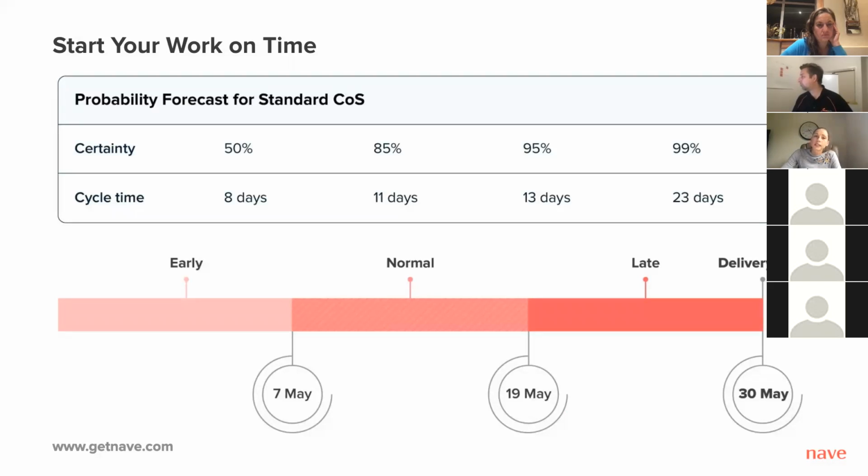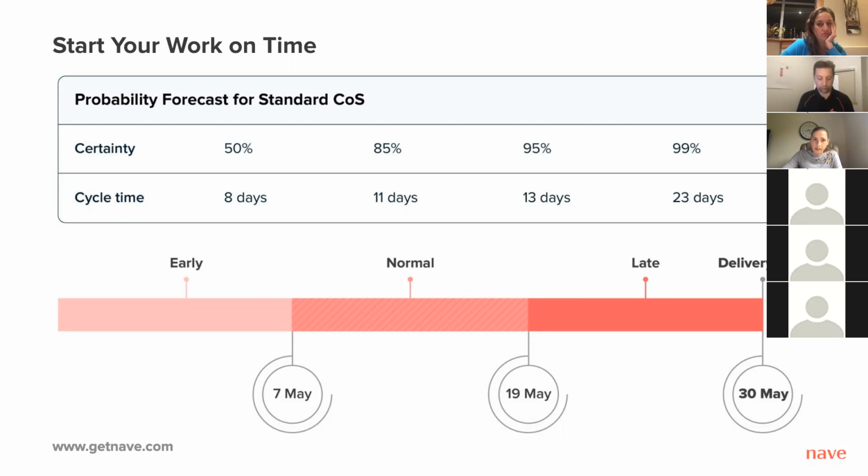In order to identify the best time to start, look at your probability forecast for the specific class of service you're interested in. The ideal time range to start your work is any time between the 99th percentile and the 85th percentile. Let's say you need to deliver on 30th of May, and your forecast says that there is a 99% chance to finish a standard task within 23 days and 85% chance to finish it within 11 days.